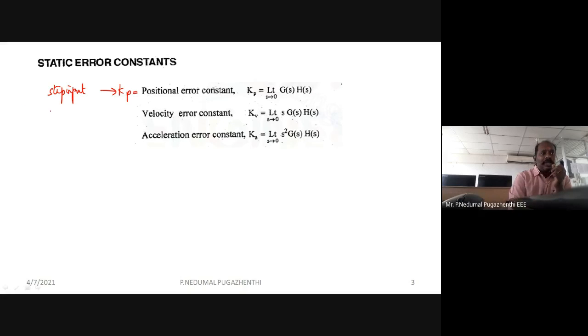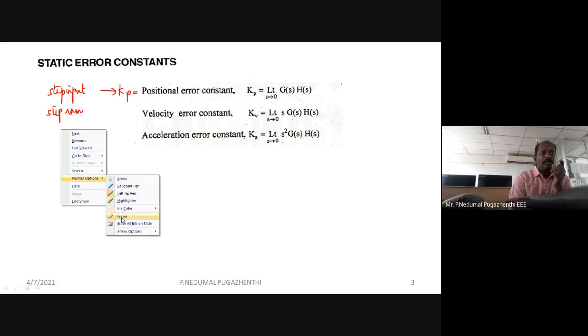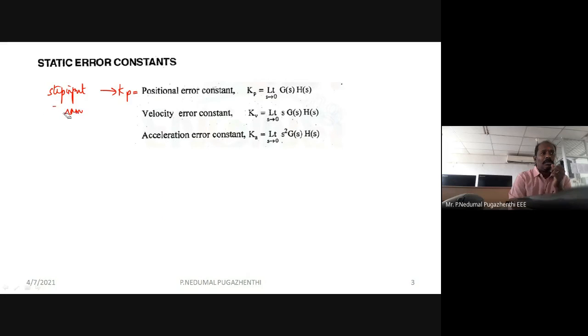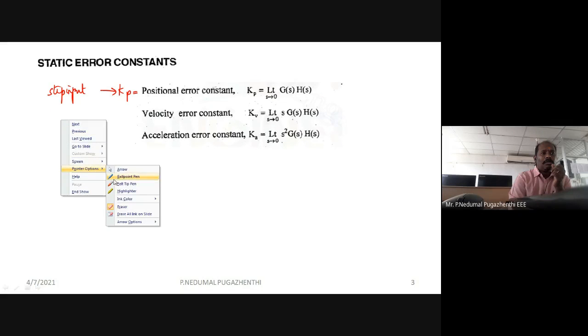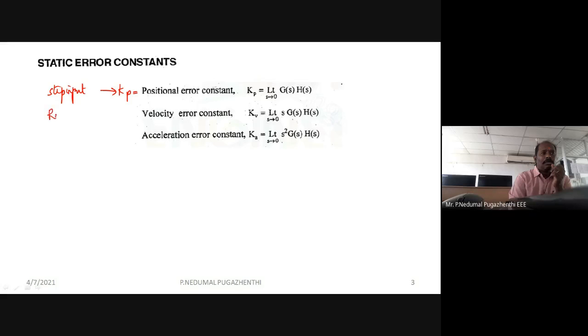If the input changes to a ramp input, the constant is denoted as velocity error constant Kv, and for a parabolic input, we call it the acceleration error constant Ka.